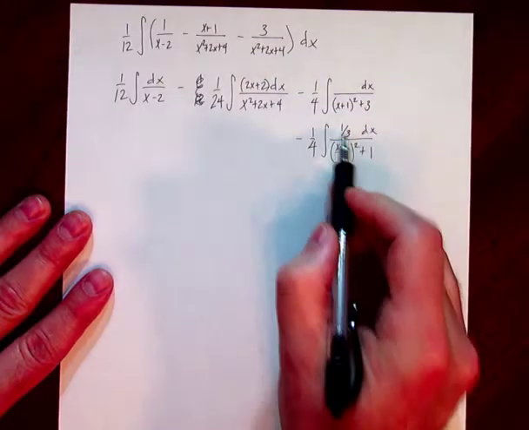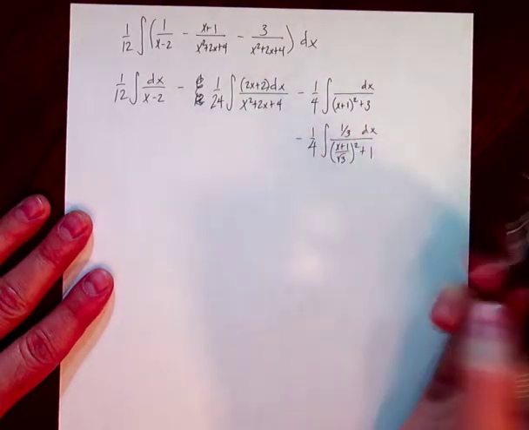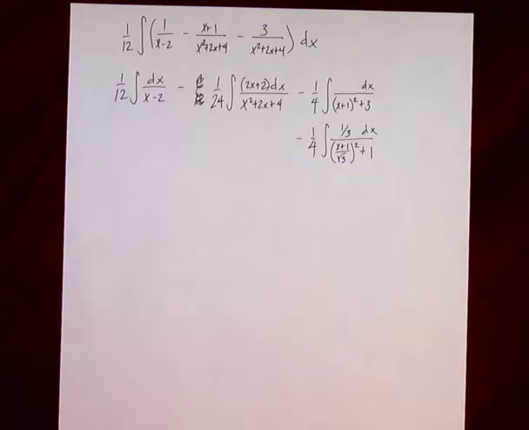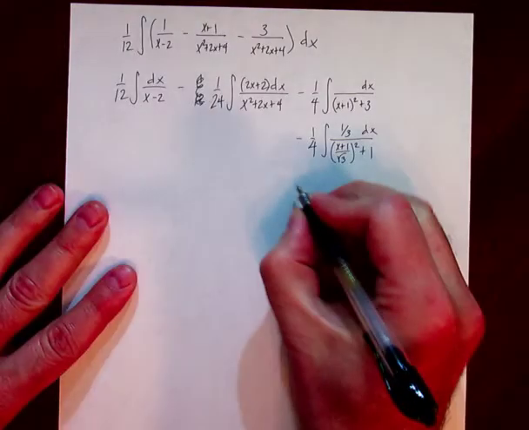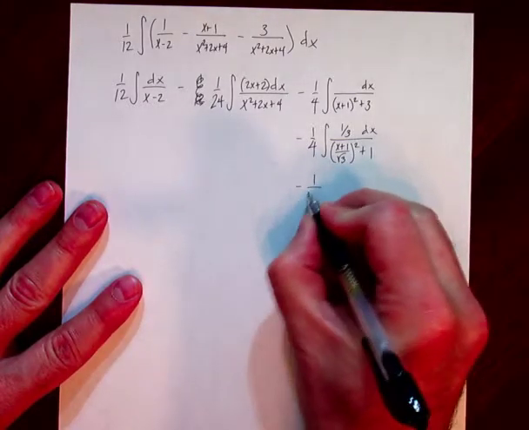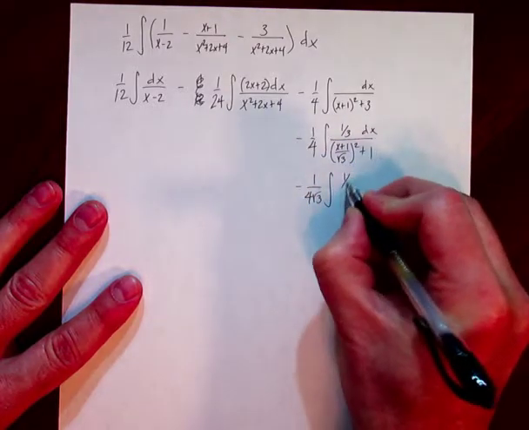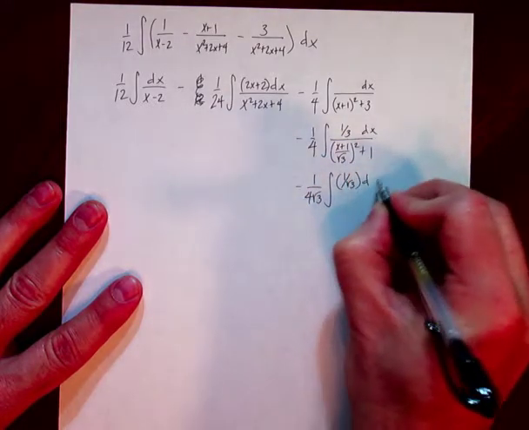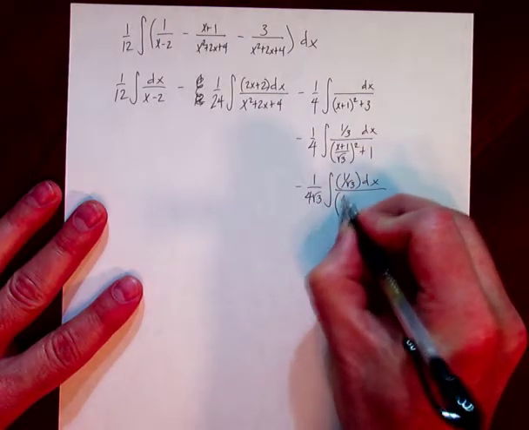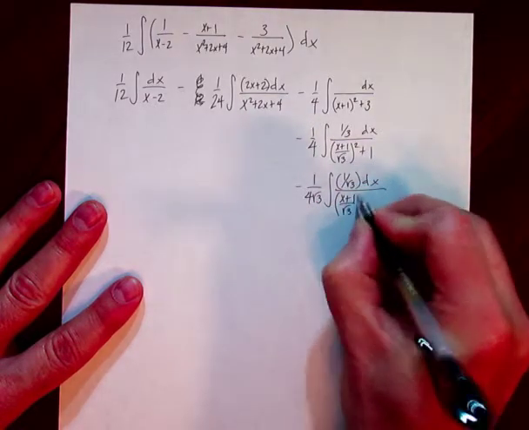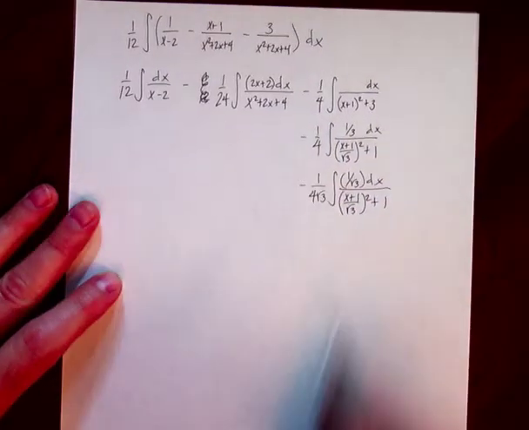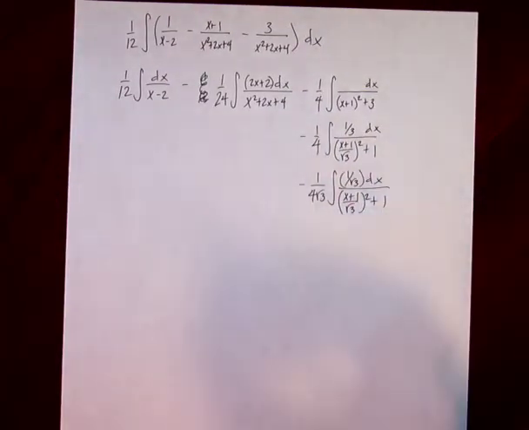I don't need this entire 1/3. I simply need to pull it apart into 1 over root 3 times 1 over root 3. So I have 1 over 4 root 3, 1 over root 3 dx, and this is x plus 1 over root 3 squared plus 1, and that is du over u squared plus 1.